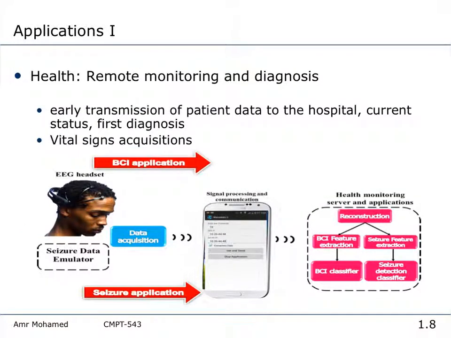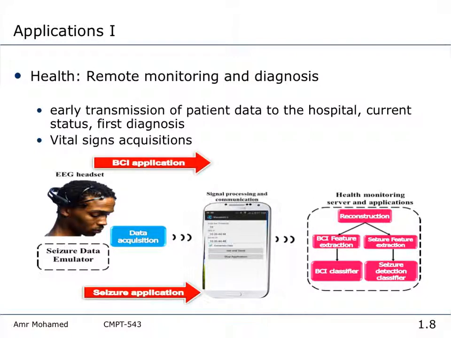Another set of applications is health monitoring. In that perspective, we're doing a lot of work, at least in our group. Wireless remote monitoring has always been a very challenging application scenario, because this technology needs to advance a lot, given that patients need to be monitored 24/7, and there is a huge amount of real-time data that needs to be acquired from these patients at any point in time.